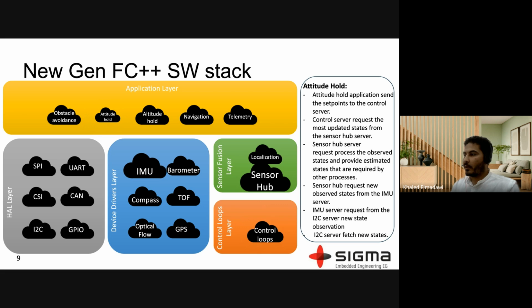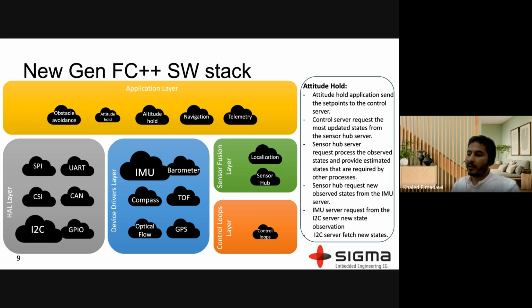And the sensor hub will ask the IMU server. It will go and ask it, "Sir IMU, can you give me the latest observed states of rotation?" And the IMU will go to the I2C server and ask it for the latest reading from the physical sensor, through this communication peripheral.